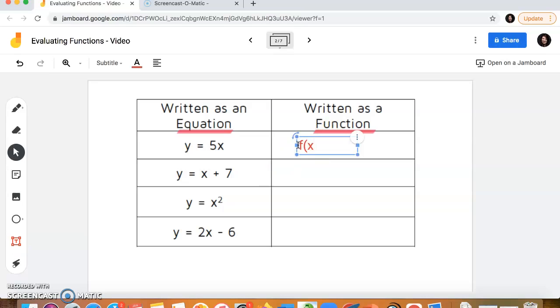So instead of y equals 5x, it's going to be f of x equals 5x. Instead of y equals x plus 7, it's going to be f of x equals x plus 7. It means the exact same thing. F of x is the same thing as y. This is just showing us that it's a function.